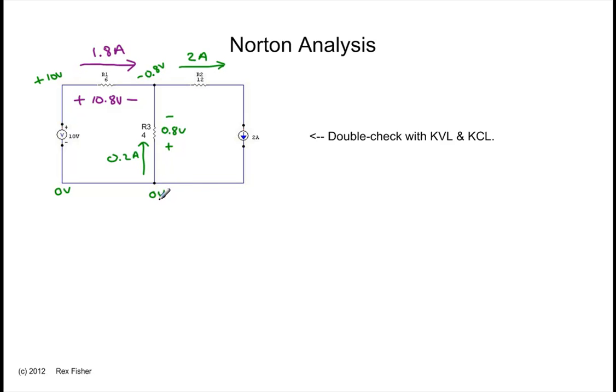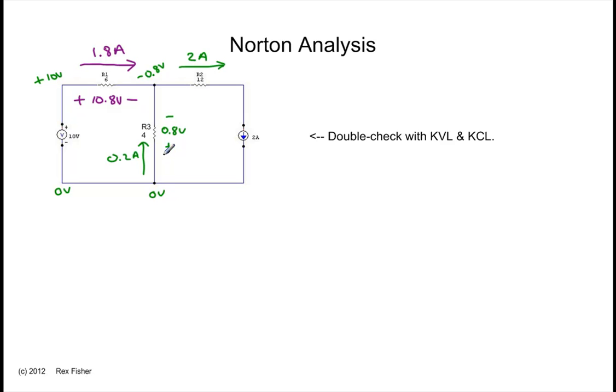And this is 0 volts here. The 2 amp current source forces 2 amps to flow through R2. Since we have 1.8 amps entering that node and 2 amps flowing out, we have to have another 0.2 amps flowing into that node to balance it out.